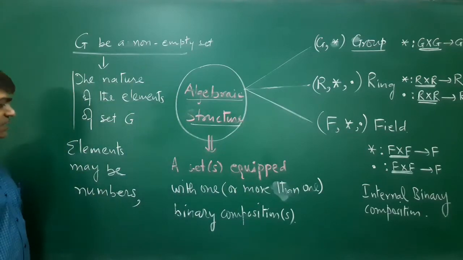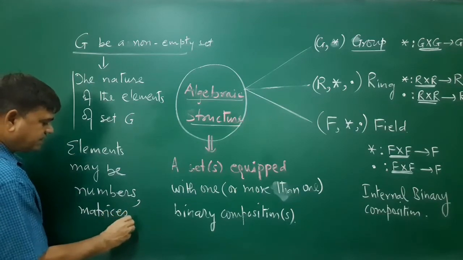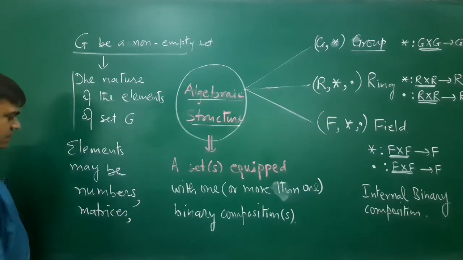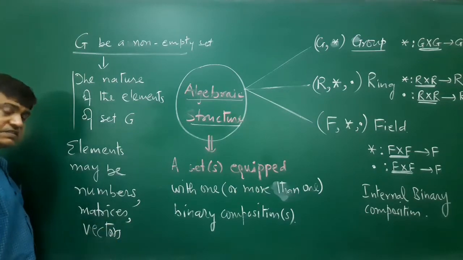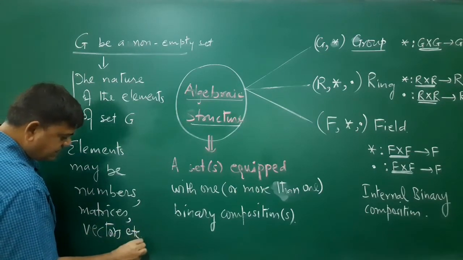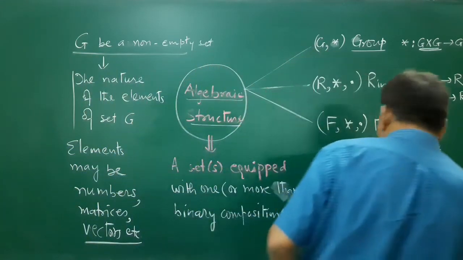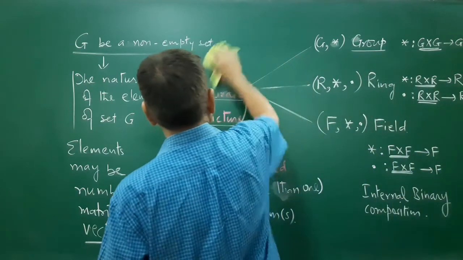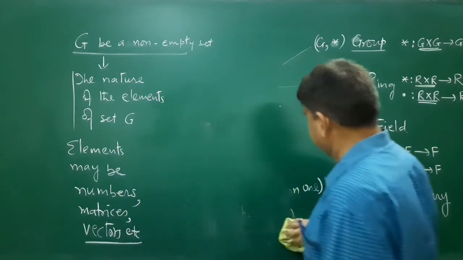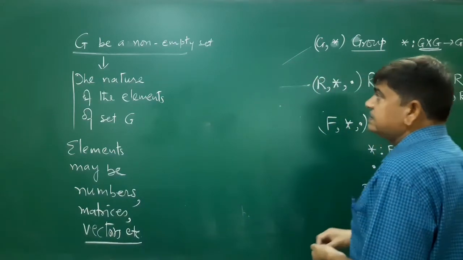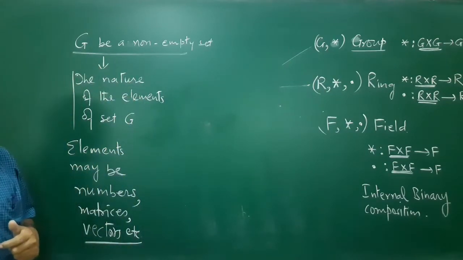So elements may be numbers, may be matrices, may be vectors, etc. So as soon as you are given a set, you find the nature of elements of Z.